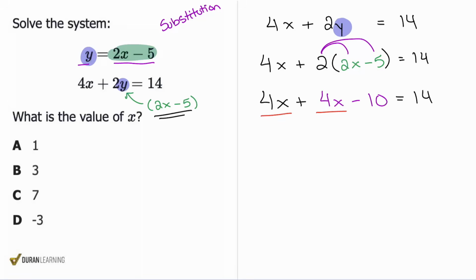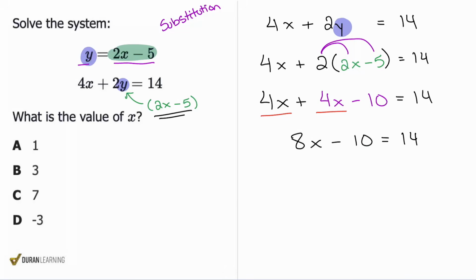Everyone, 4x plus 4x gives us what? Yeah, that gives us 8x. We have 8x minus 10 equals 14. How do I get rid of that minus 10, everybody? Yeah, we'll add 10. We'll do the opposite operation. Again, I'm going to say this a million times.